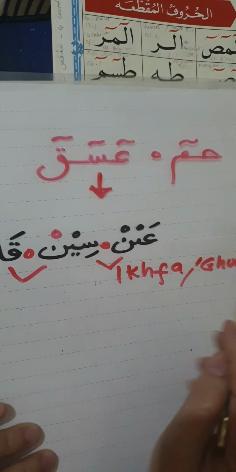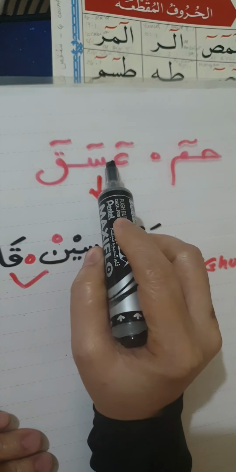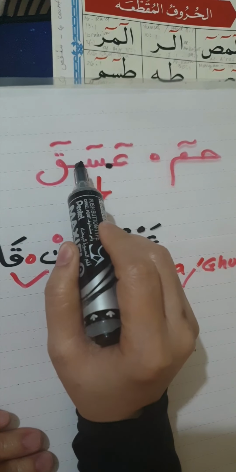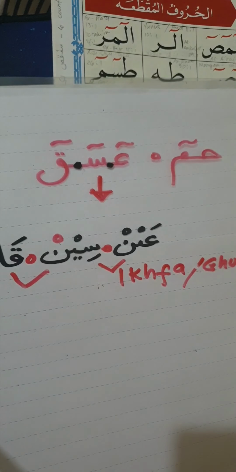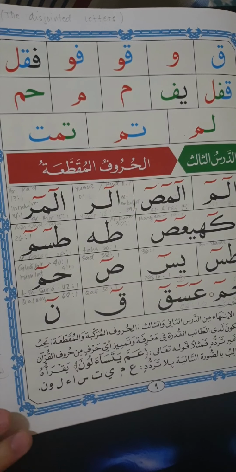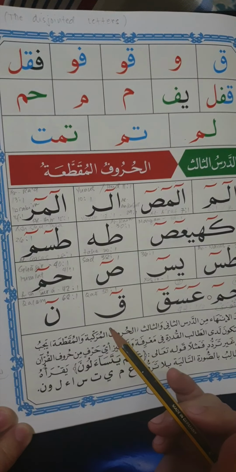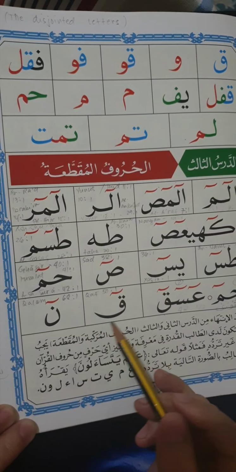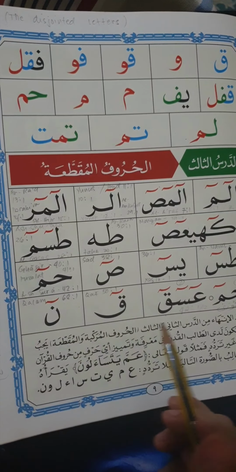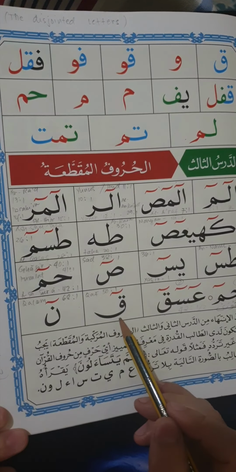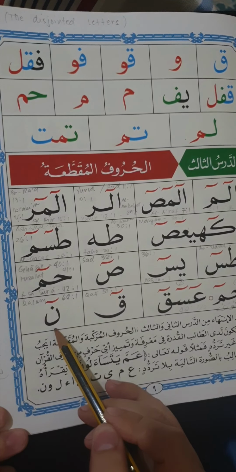So we have the ikhfa here, between the ayn and the sin, and between the sin and the qaf, ikhfa. And then qaf, this is mad lazim harfi mukhaffaf because there's no letter after that, and also the nun, which has 6 letter counts long. Qaf, nun.